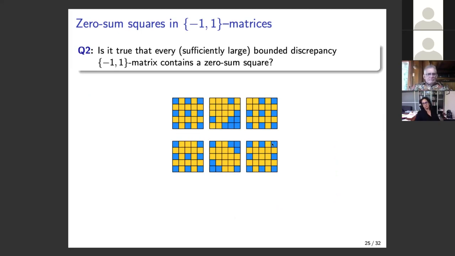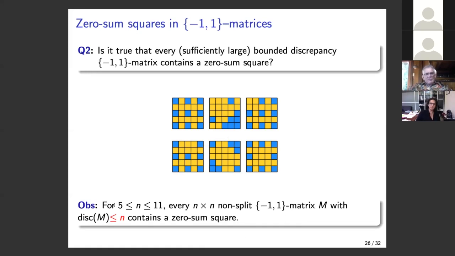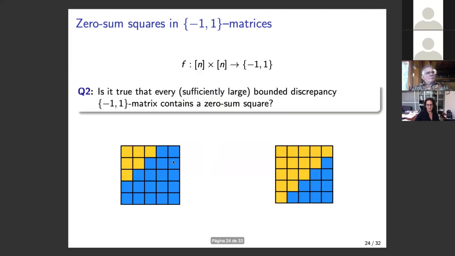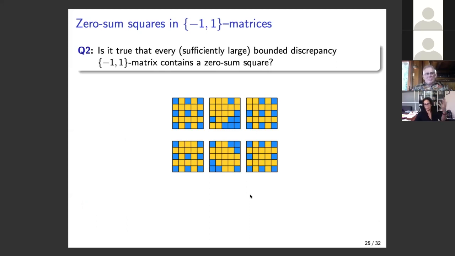And then we kept exploring with the computer, and many other examples came. At this point of the project, I was not so positive because there were so many examples and we couldn't see how to manage all of them. But then we kept exploring, and we observed, again with computer assistance, that the zero-sum square free examples, apart from the triangular or split case, were disappearing as we were growing.